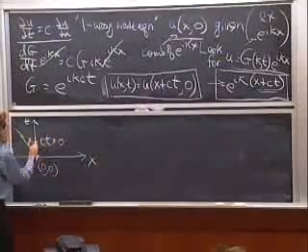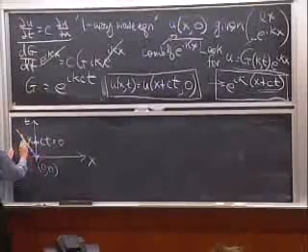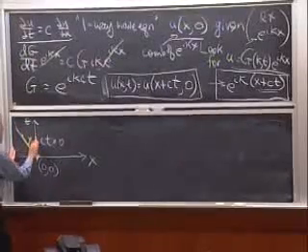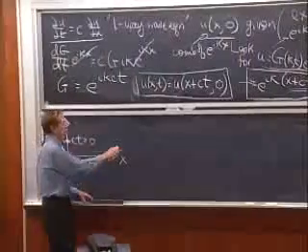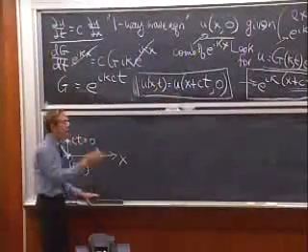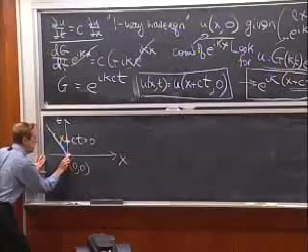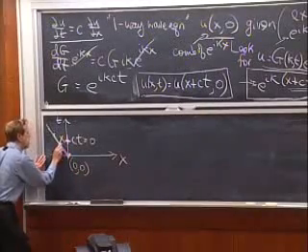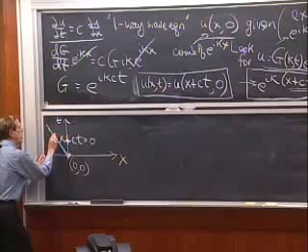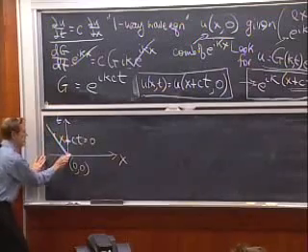The solution is the same all the way along that line. So whatever the initial value is here, it travels. So the u at this point is u at this point.